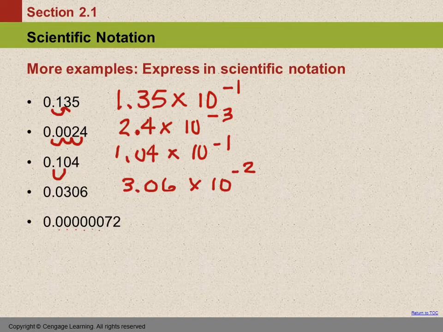So 6 zeros. I'm going to have to move it over here. That's going to be 7.2 times 10 to the -7 because I moved it 1, 2, 3, 4, 5, 6, 7. And that's where the little scalloped things make it a lot easier to count. Any questions?